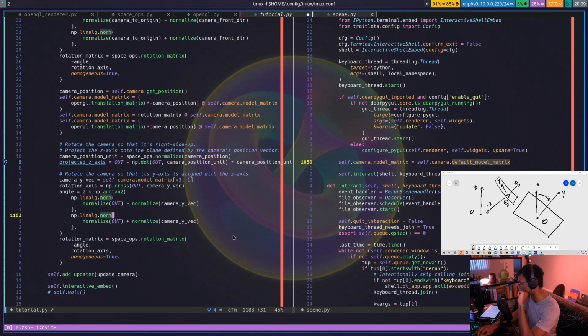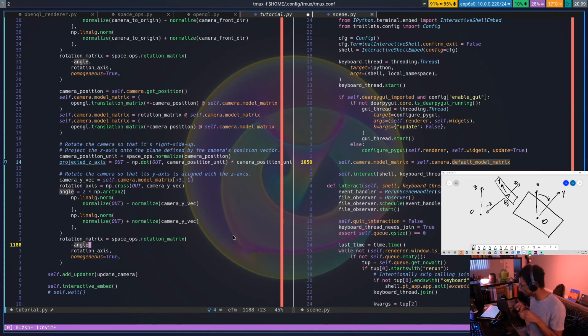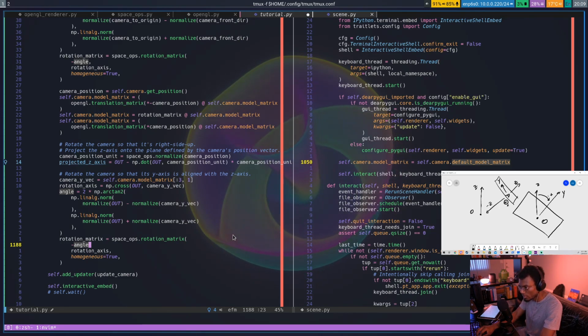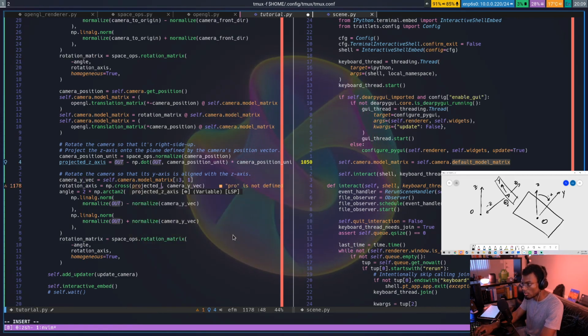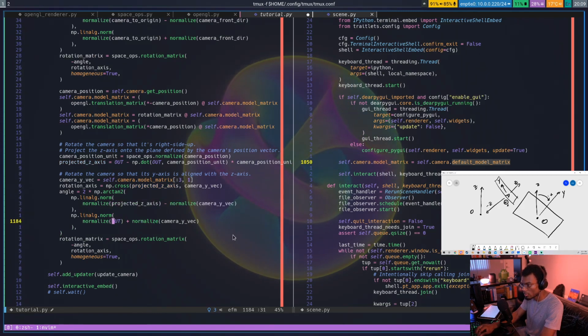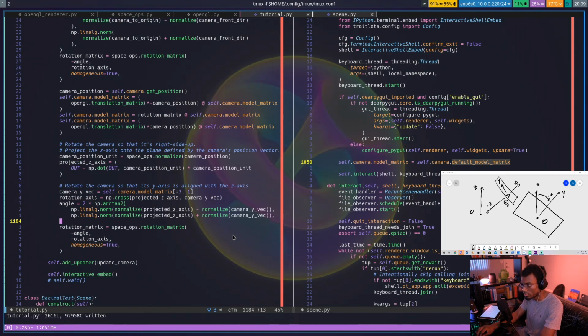That gets me the angle. And the rotation matrix. Alright, I want the negative angle. This is the positive direction. I want the negative to bring the y to the camera. Rotation axis homogeneous equals true, and then... Oh wait, I wanted the projected z-axis, not the regular z-axis. There we go.